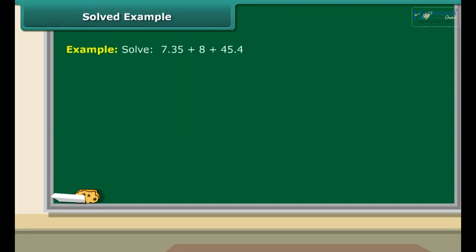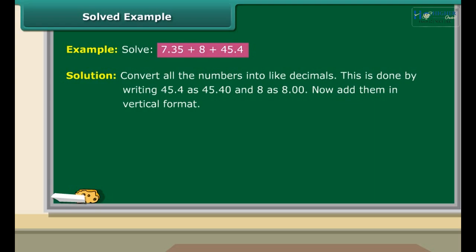Let us now try to solve 7.35 plus 8 plus 45.4. Solution: 7.35, 45.4 and 8 are unlike decimals. They need to be converted into like decimals.